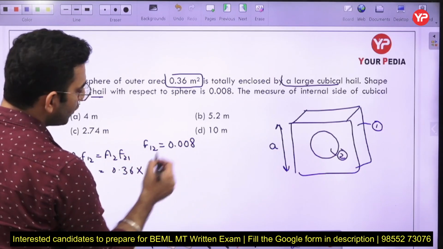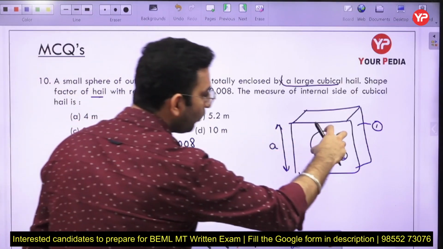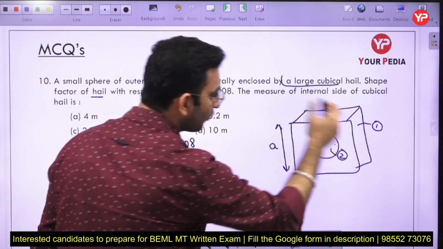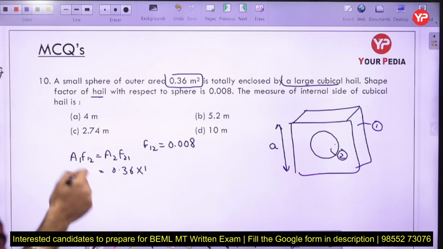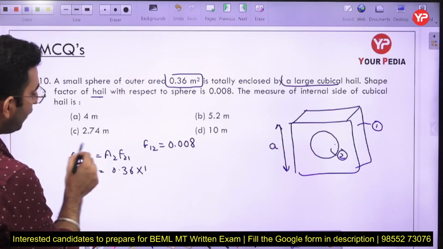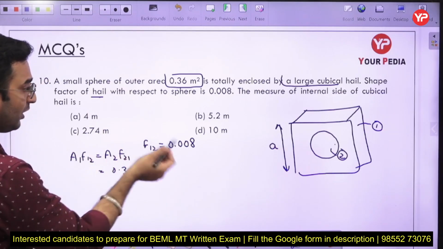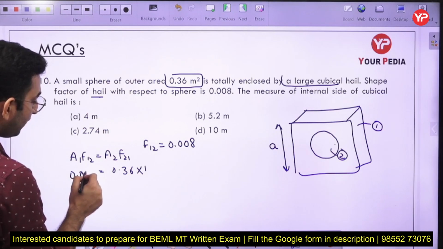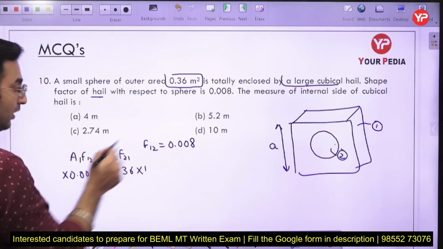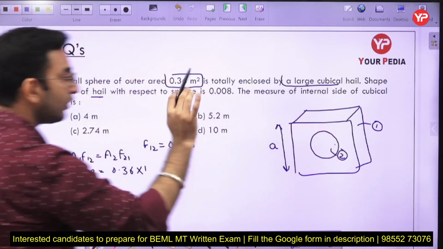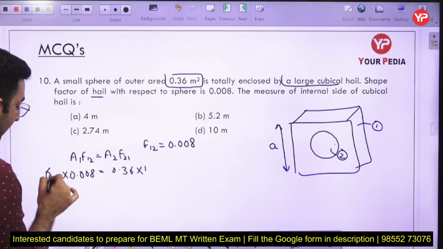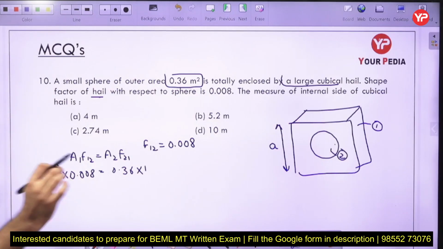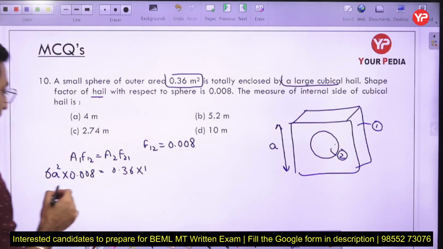F21 is going to be 1 because all the radiation from the sphere is going to strike the block. The value of F12 is given as 0.008, and the total area of the cubical box can be written as 6a square, where a is the side of the cube.